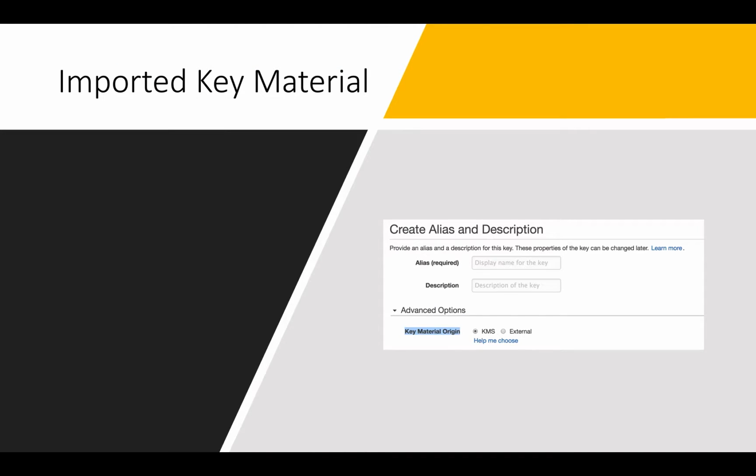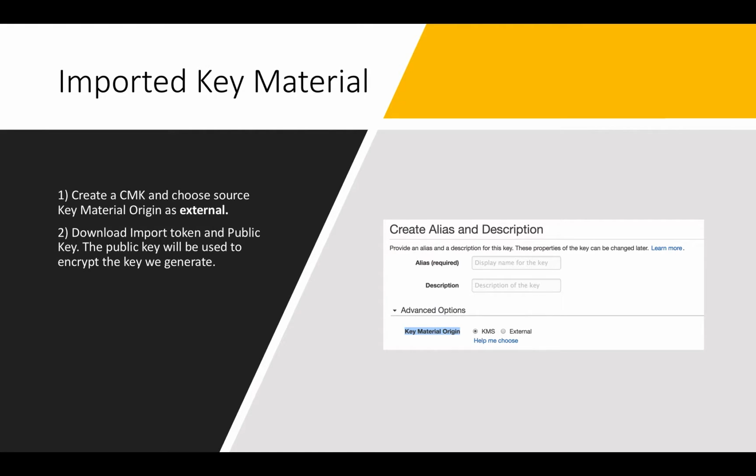So that was how we imported our key material and created a customer master key with that imported key material. So to quickly review, when we started creating the customer master key, we clicked on the advanced option. We chose the key material origin as external, not KMS, but external. And we downloaded the import token and public key.